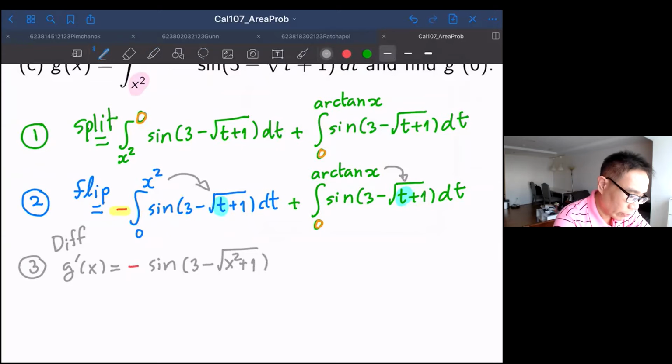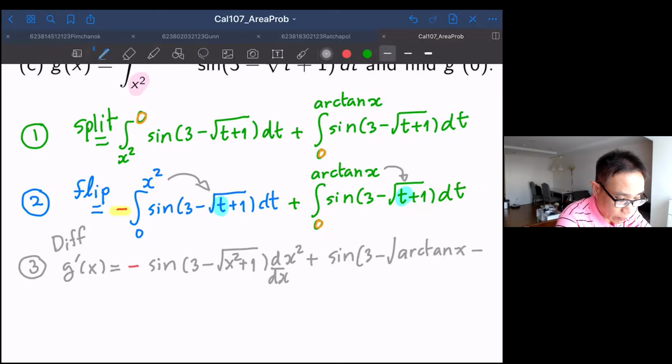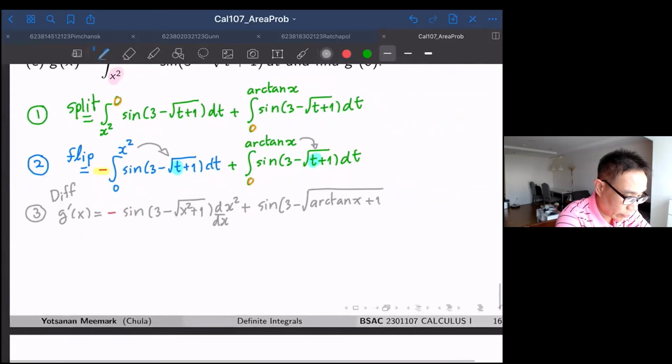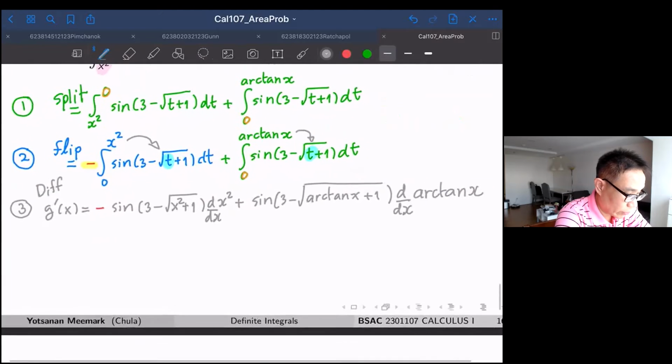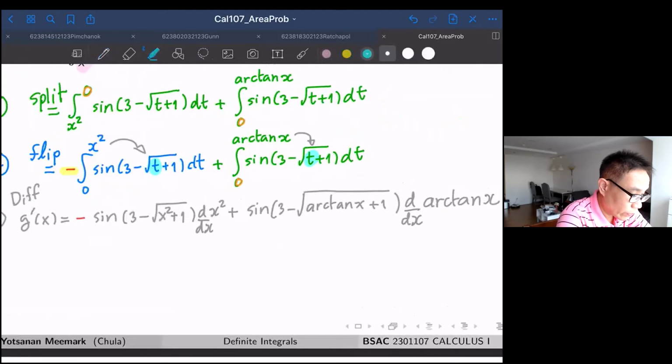Don't forget to differentiate your x squared, plus psi 3 minus square root arctan x plus 1, and you differentiate arctan x.